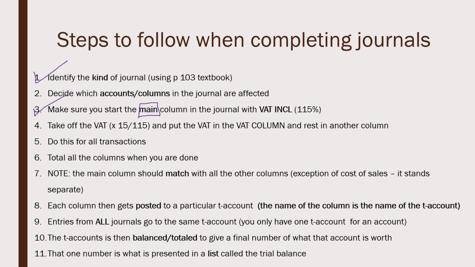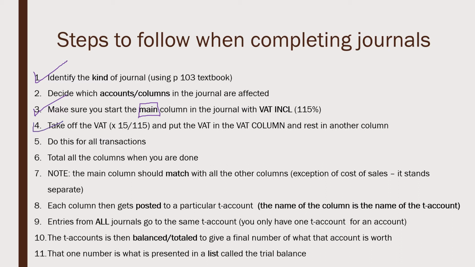So whatever's floating around in your main column in any journal is always going to be VAT inclusive. Okay, so VAT is on top of that amount. You are receiving, paying, you are owed, you owe an amount with VAT in. Okay, so that's the amount you're going to put into your main column.